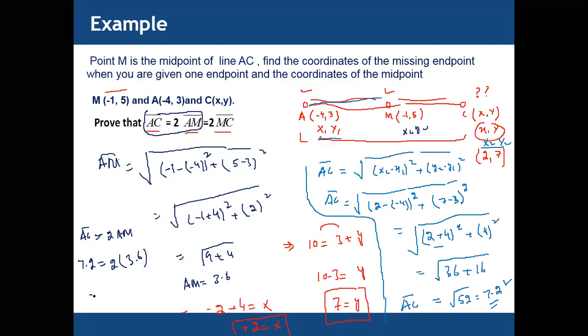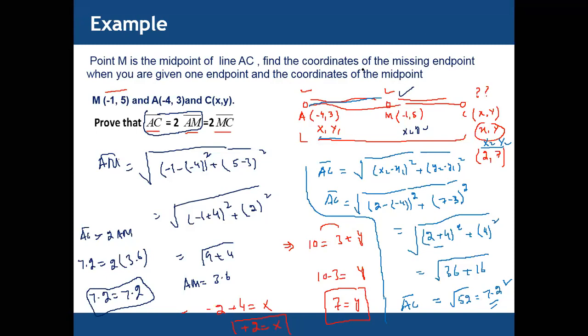So when you multiply 2 with 3.6 equal to what? 7.2. Both sides are equal. So this means that actually minus 1 and 5 are really the midpoint of these 2 points. Correct? Total distance 7.2, midpoint is 3.6.